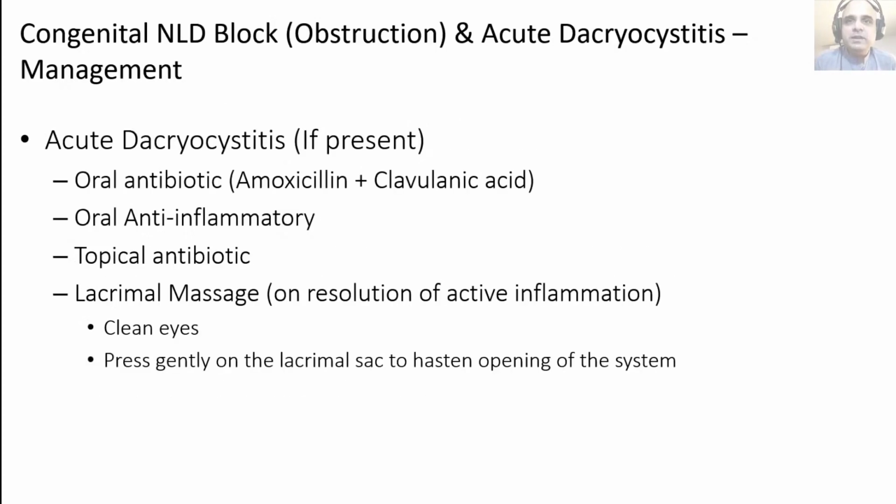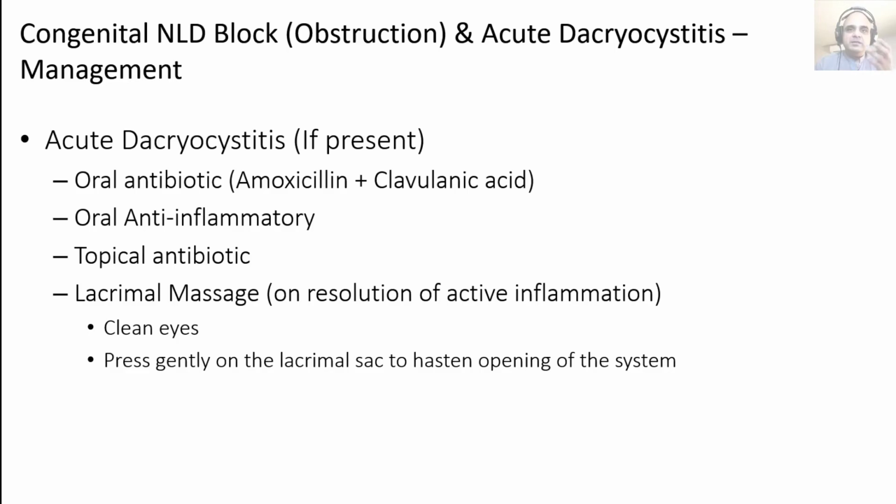And what if you develop acute dacryocystitis together with a block? Well, then you need to treat the acute dacryocystitis, and that is usually an oral antibiotic, amoxicillin and clavulanic acid. I put Augmentin down sometimes, but then many of the students would argue that I am putting a trade name down, so I sometimes use generic, sometimes trade names.